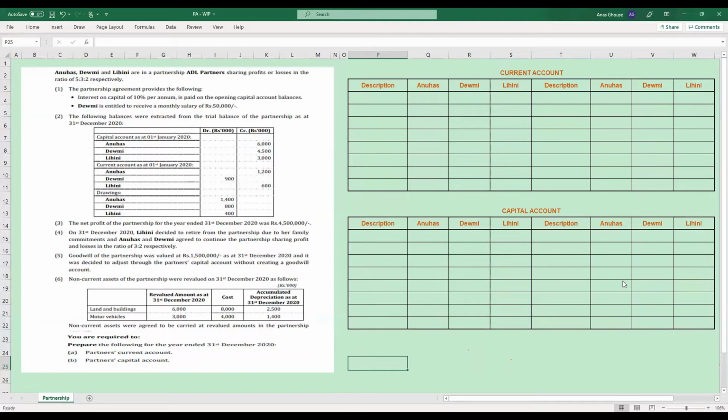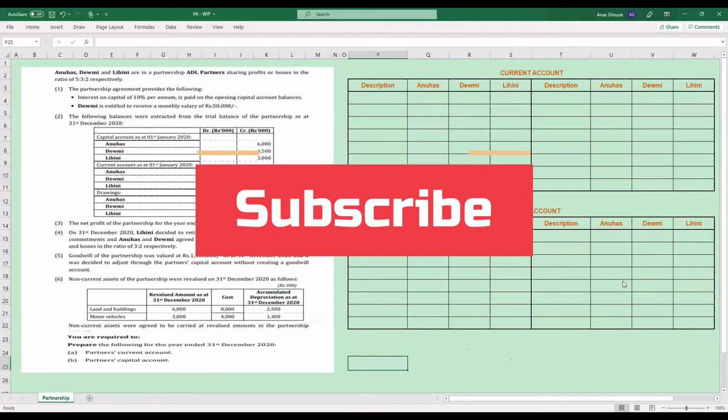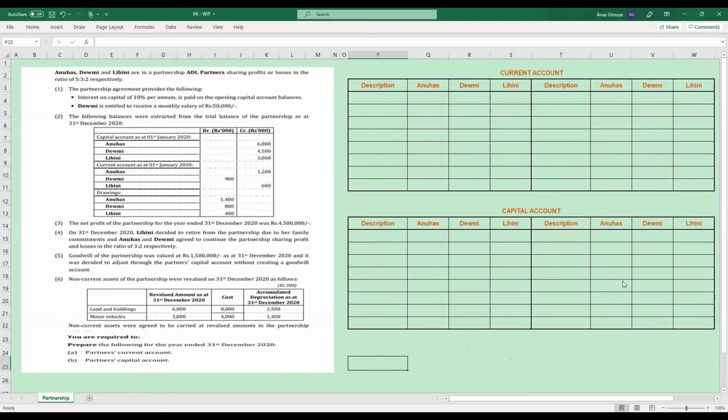If the agreement says the partner should receive interest on capital, that has to be deducted. And if it says the partner should receive salaries, that also has to be deducted. Likewise, partners' salaries, interest on capital, interest on current account, and interest on drawings. These partnership related expenses should be deducted from the net profit.